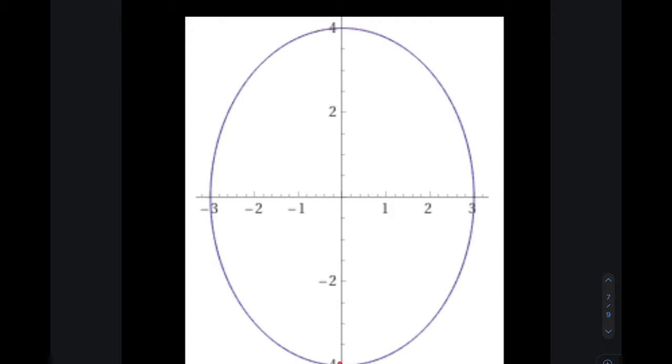We started here, and when we hit 7 pi over 4, we end up back where we started. And then 2 pi has the same value as 0. So it's this ellipse with height 4 and width 3, and we're going around it in a counterclockwise direction.